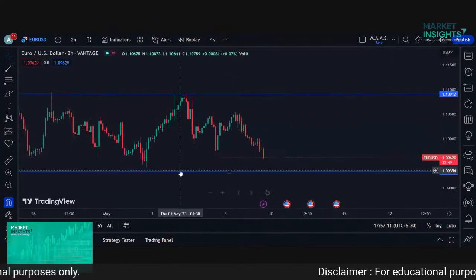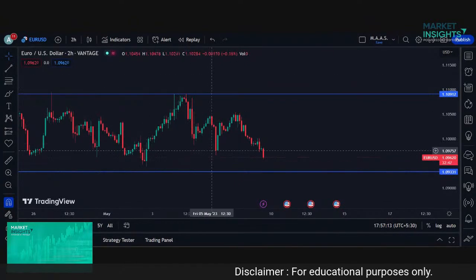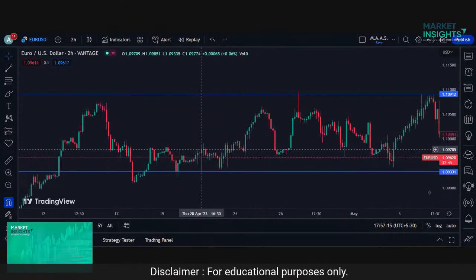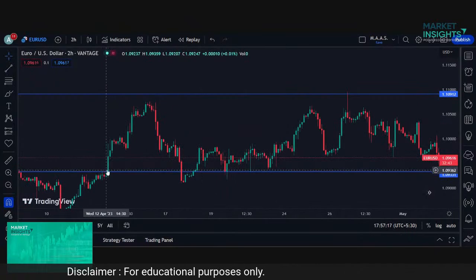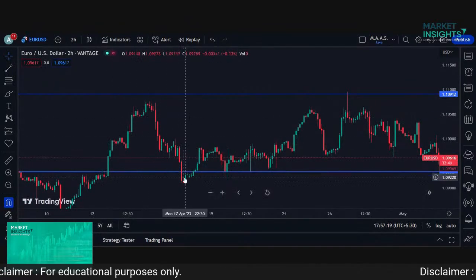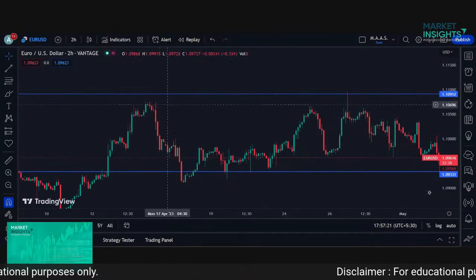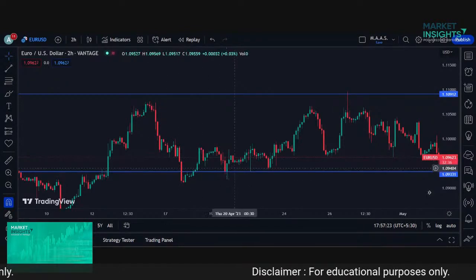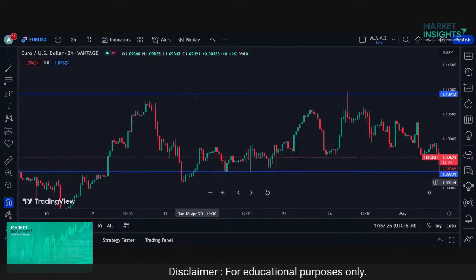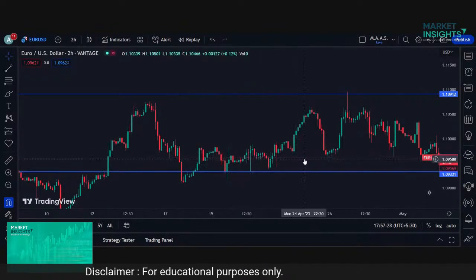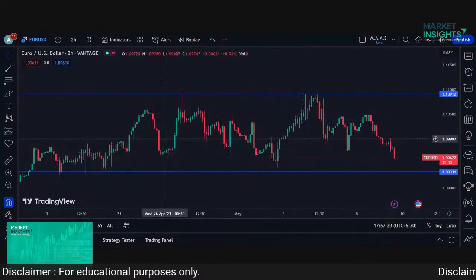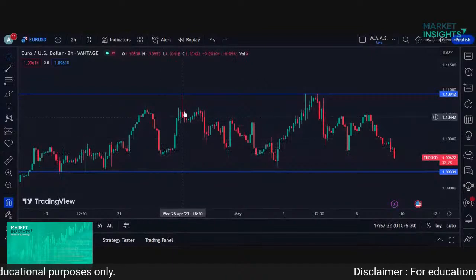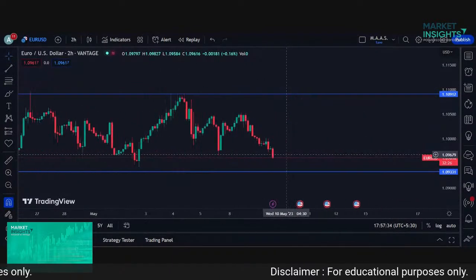It is making a low, it is making a high, it is coming down again. Similarly, it has done here as well. It has just entered into the zone, could not sustain this upper range, and came down and somewhat made a false break downside, and then it has again entered and tried to consolidate, and then come up and then come down. So up and down is going on in this range.